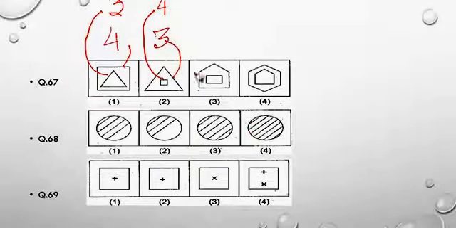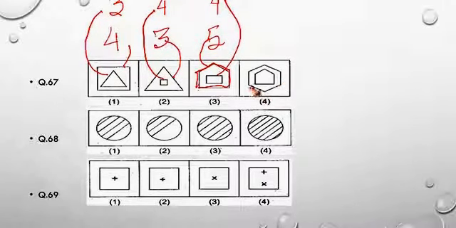Let's check in case of problem figure 3. The outside design has 1, 2, 3, 4 and 5 sides, and the inside design is a rectangle which has 4 lines. Let's check in option 4. The outside design has 1, 2, 3, 4, 5, 6 lines, and the inside design has 1, 2, 3, 4, 5 lines.